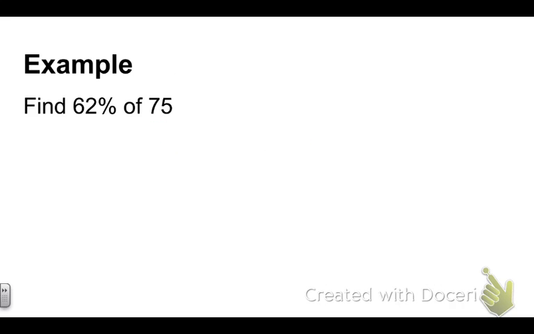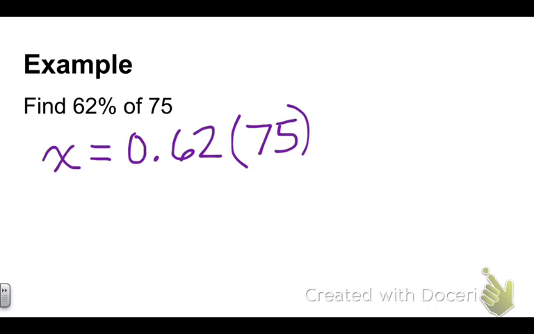So an example of that, instead of what number, I just simply have find. Find 62% of 75. That find means what is, so that's going to be our x. Find 62%. What is 62%? 0.62 of, we are multiplying 75.